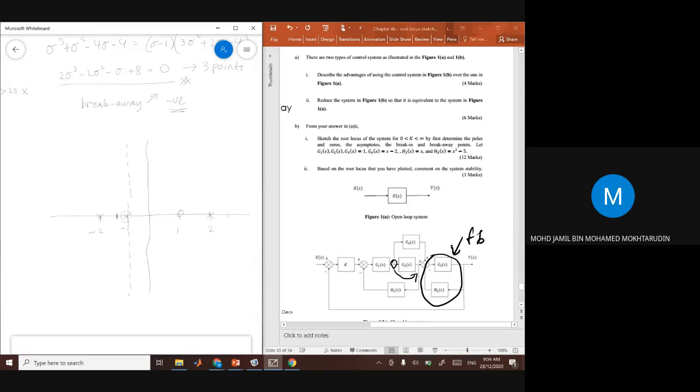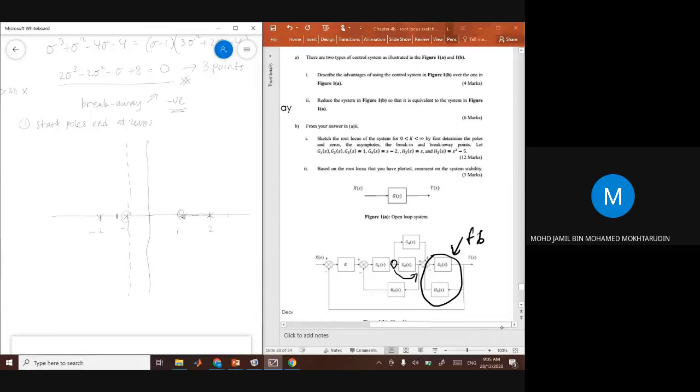Okay, then we can sketch the root locus. So the first rule is it will start from poles. So start from poles and at 0. So your root locus will start here and go to this pole. And from pole go to this 0. And then since your 0 is only 1, so you need to add 0 at infinity.